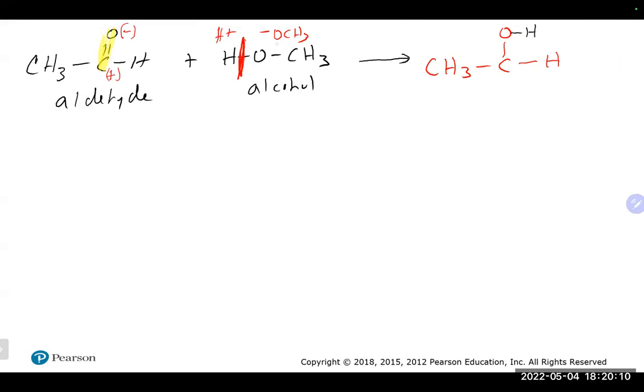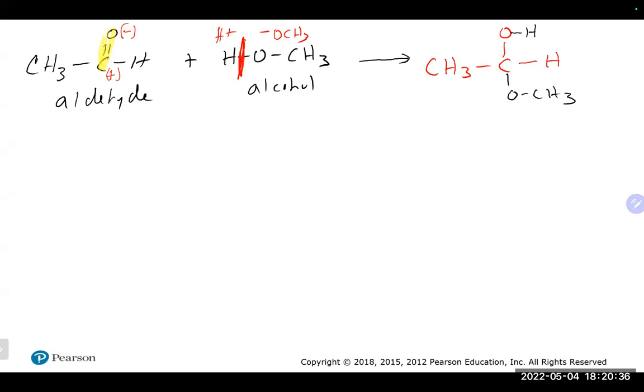Now, the oxygen carbon part that's left over from the alcohol is actually negative, which would be attracted to the positive carbon, right? Opposites attract. And it ends up on the bottom here of the carbon like this. So our alcohol adds in two parts. The H and what I like to call an oxygen carbon type part comes into the other carbon here.